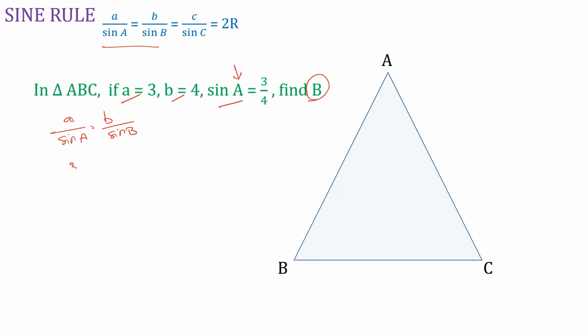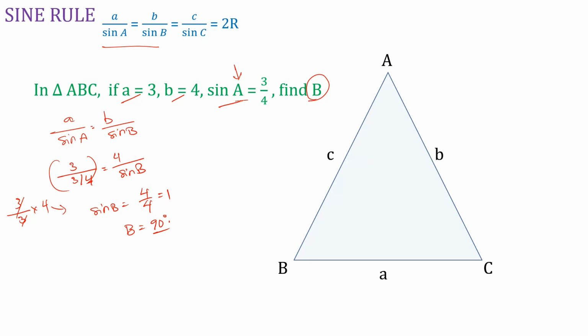Here a is 3, sine A is 3 upon 4, equal to b is 4 upon sine B. Just take sine B to the other side. We have it equal to 4. On rearranging this, how will we get it? It is 3 upon 3, into this denominator 4 will go into the numerator. We'll have it like this, 4. Now here we'll take the 4 to the other side, which makes 4 upon 4 is 1, which means B is nothing but 90 degrees here.